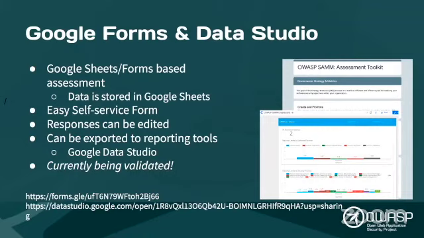It's a nice self-service form. The form provides the question and the quality criteria for your users, as well as the answer. It also provides the ability for responses to be edited later on if there's a need to do that. And then the data is, as I said, captured in Google Sheets.